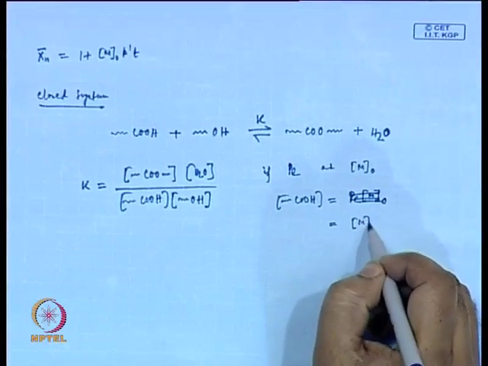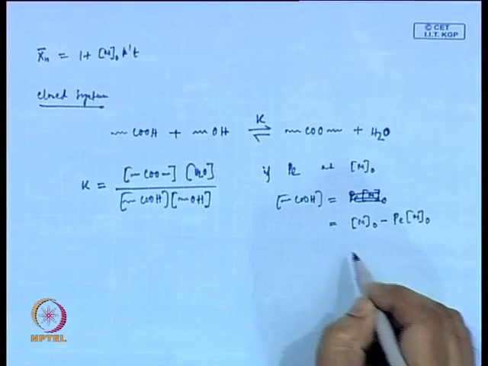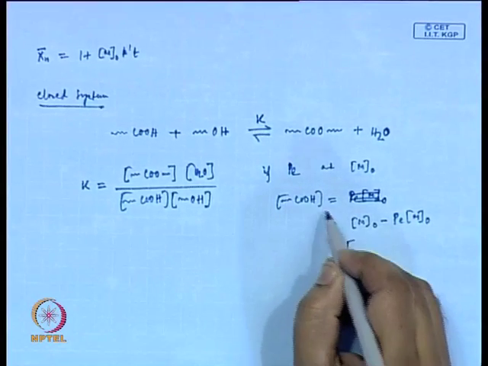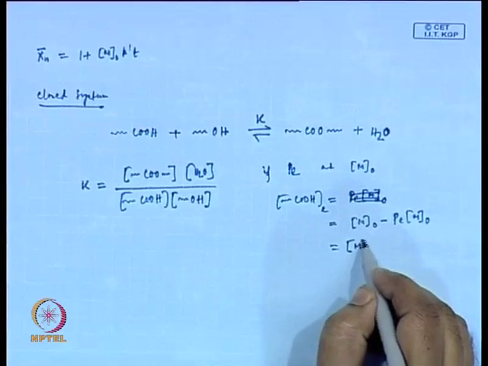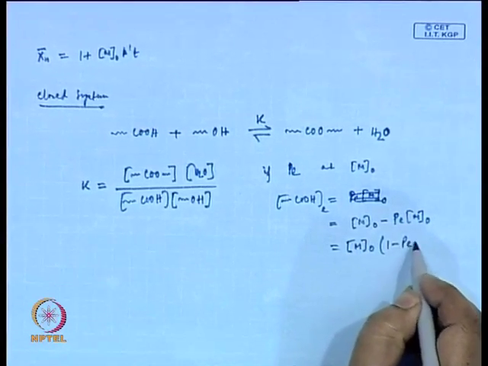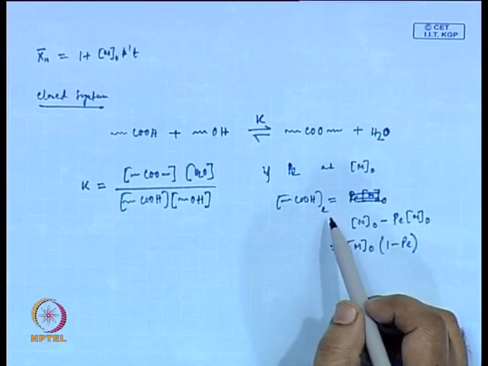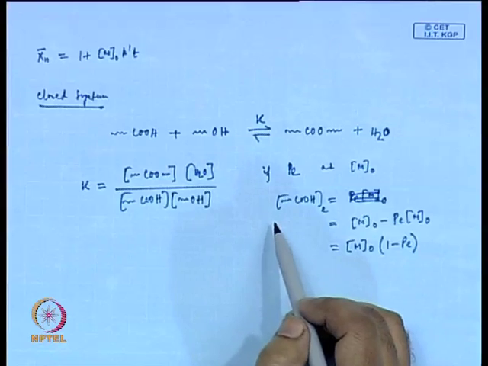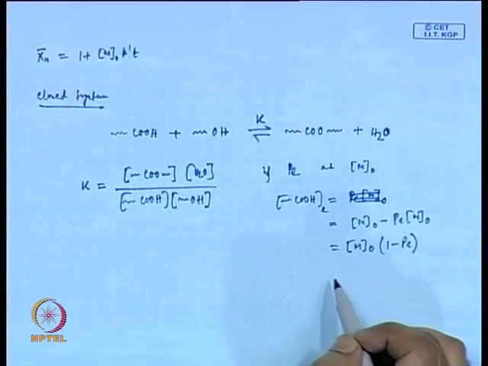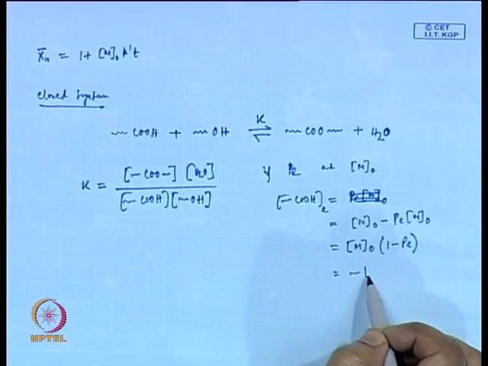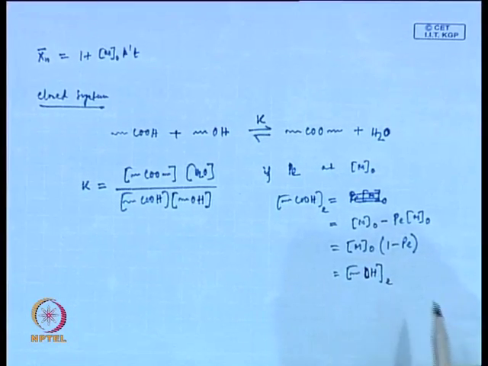Initially it was M0, now P M0 has reacted. So, at equilibrium the concentration of COOH group is given by M0 times 1 minus Pe, and because we are talking about 1:1 stoichiometric ratio here as well, this is the same as the concentration of OH at equilibrium.